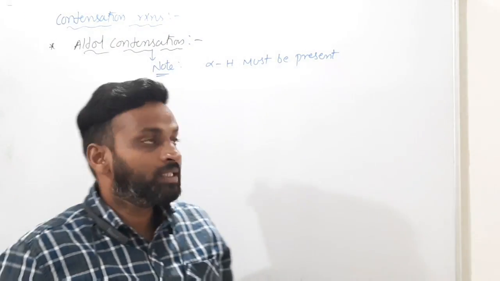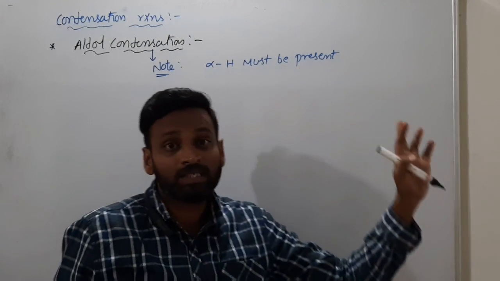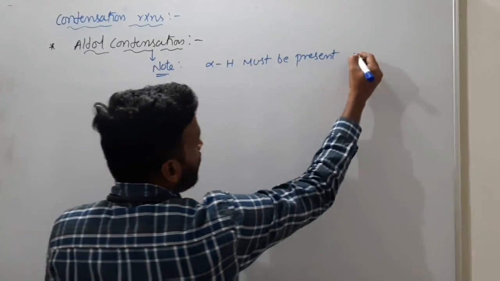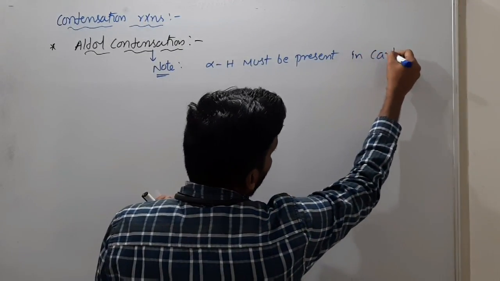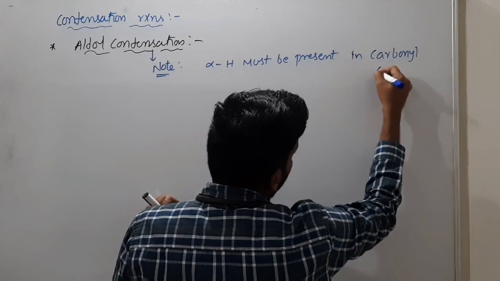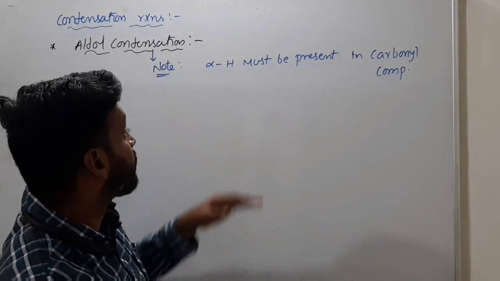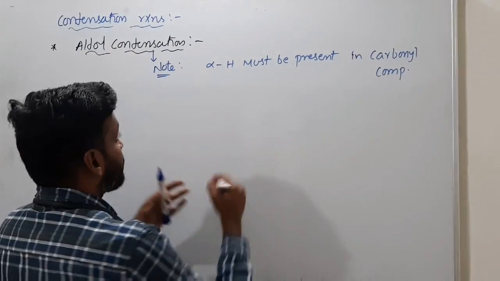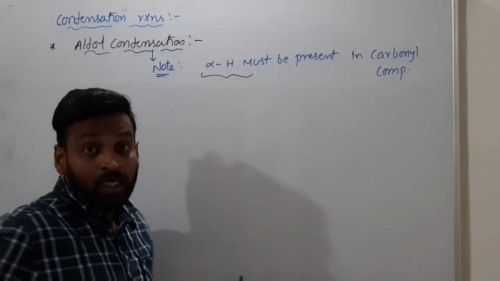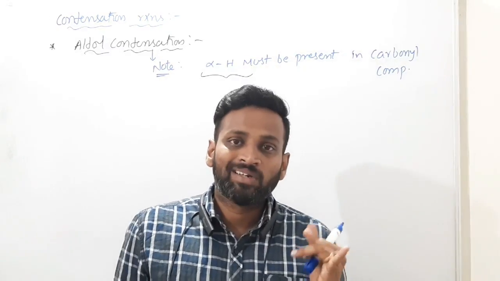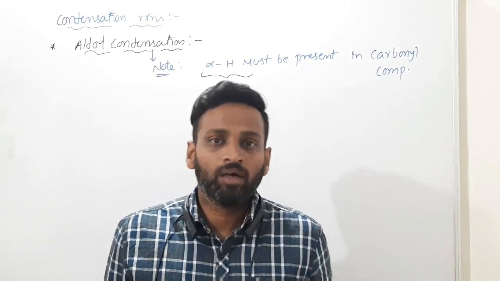Alpha hydrogen must be present in the carbonyl compound. What is required in the carbonyl compound? Alpha hydrogen. This is very, very important. If alpha hydrogen is not there, then there is no aldol condensation.